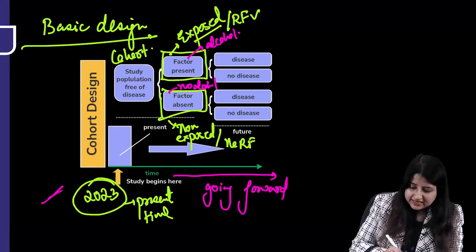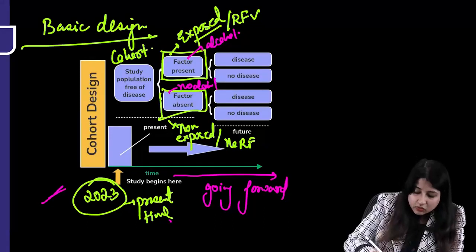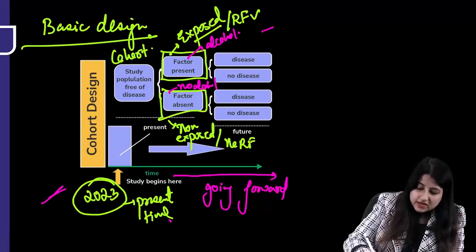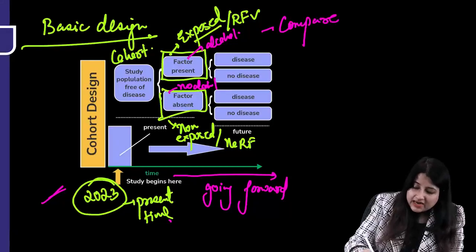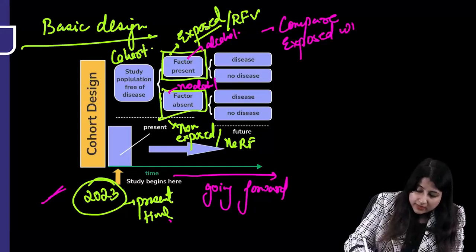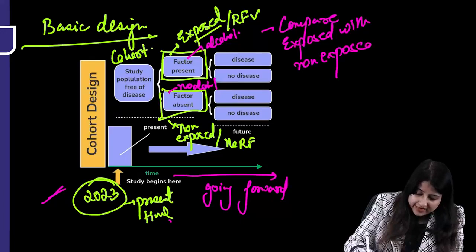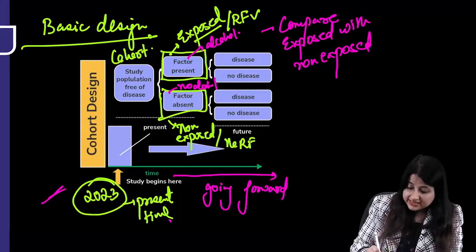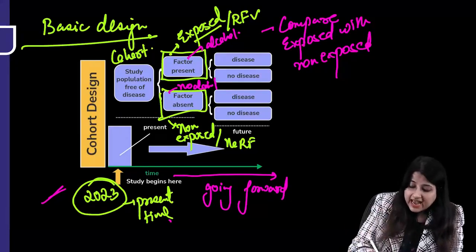So first thing, when is the study starting? What are you comparing over here? We are comparing exposed with non-exposed. That's what you're comparing. Then look at the direction: you're going forward and you're looking at the outcome.